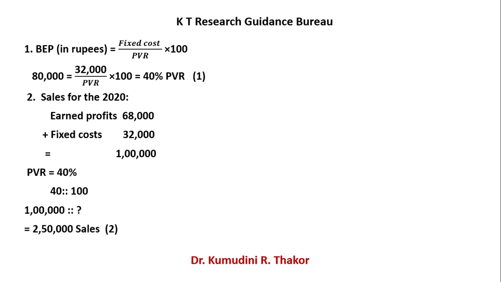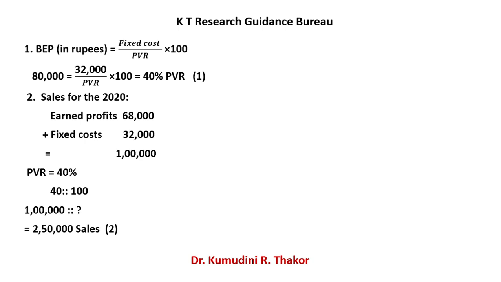So you have to find out sales. How you can find out? Profit plus fixed cost. See, as I said to you in the first question, what you have to mug up?